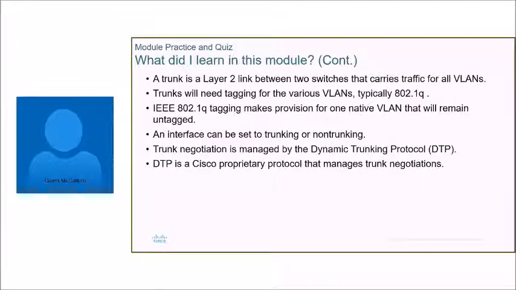Trunks will need tagging for various VLANs. Typically, 802.1Q is used. 802.1Q tagging makes provision for one native VLAN that will remain untagged. An interface can be set to trunking or non-trunking. Trunk negotiation is managed by Dynamic Trunking Protocol, and it is a Cisco proprietary protocol that manages trunk negotiations.